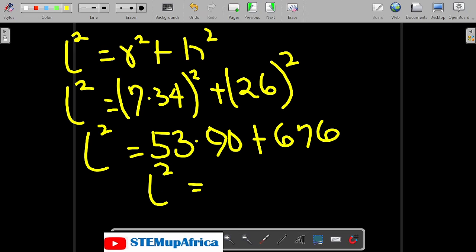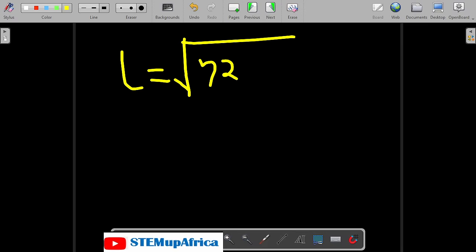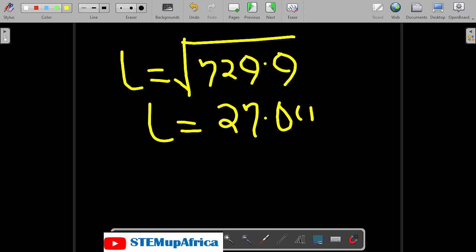That will give us 729.9. So my slant height now is the square root of 729.9. Our slant height equals to what? Square root of that. That will give me approximately 27.0 centimeters.